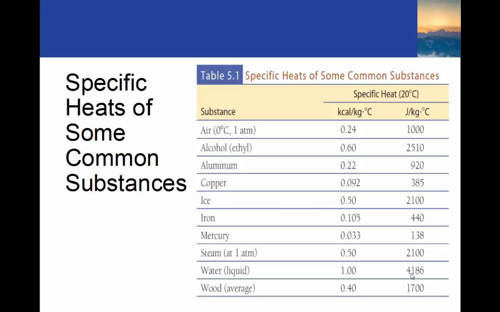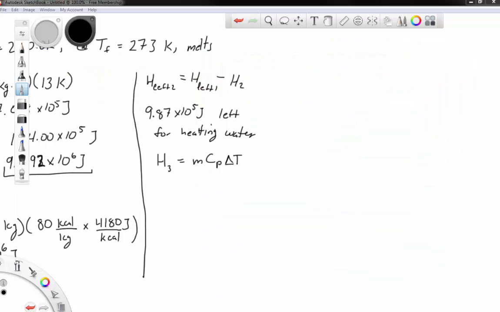This also, by the way, is where you get the conversion factor that I was using from kilocalories to joules. Since these units are the same, the conversion from kilocalories to joules must be 1 to 4,186. I kind of truncated it to 4,180, in case you're wondering where that one came from.